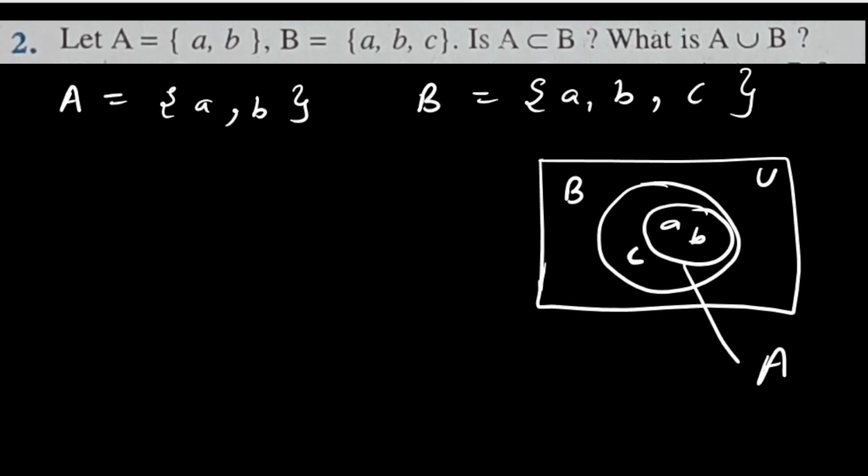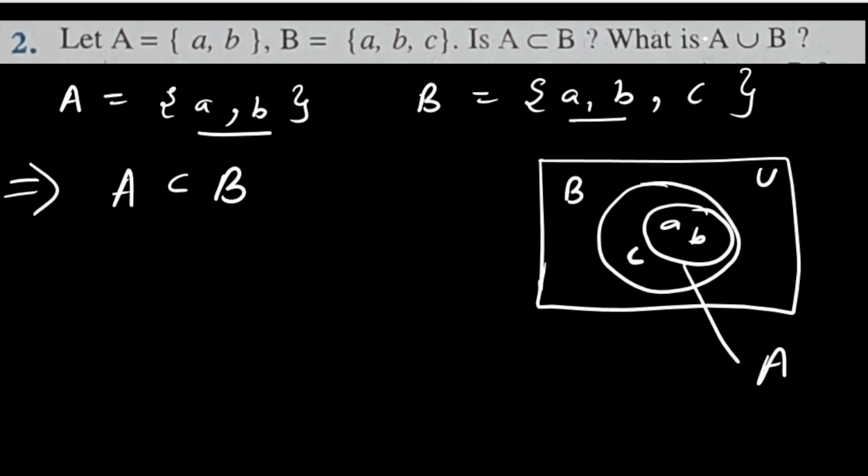Yes. Why is it a subset? Because all the elements of A are also elements of B as per the definition. a is an element of A and also an element of B, and b is also an element of B, which implies A is a subset of B. And if you want to look at it with the help of the Venn diagram, here also you can see A is completely inside B, which means A is a subset of B.